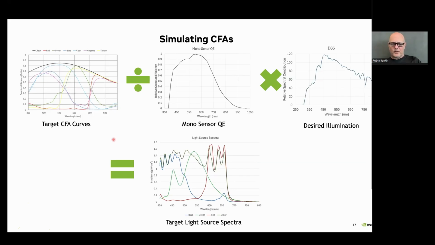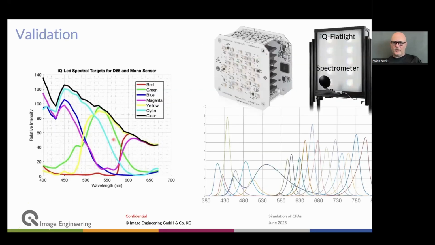And so that's what we can do with this instrument from Image Engineering. It's a 20 channel programmable light source, and so we can generate these target illumination curves and program the light source, which has this closed loop.